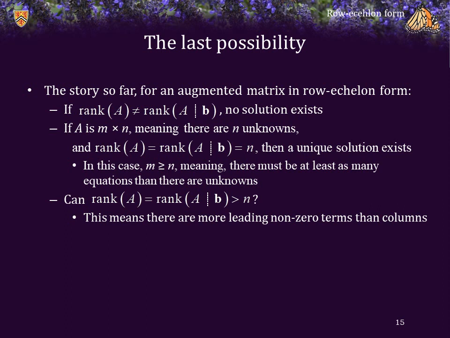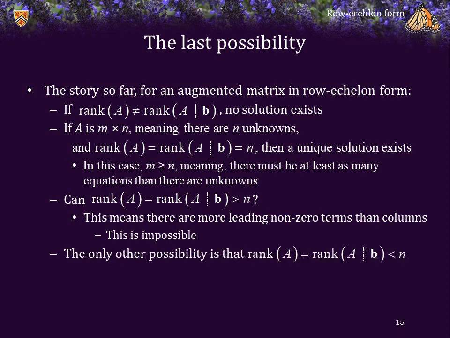However, every column can have at most one leading non-zero entry. Therefore, there must be at least as many unknowns as there are the rank of the matrix. This is therefore impossible to happen. Thus, the only other possibility is that the rank of the matrix A is less than n.